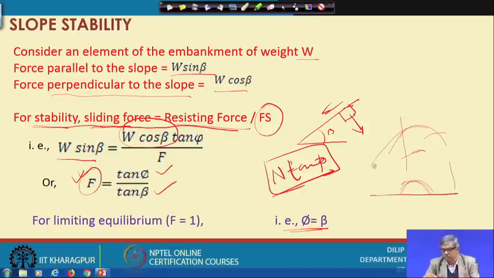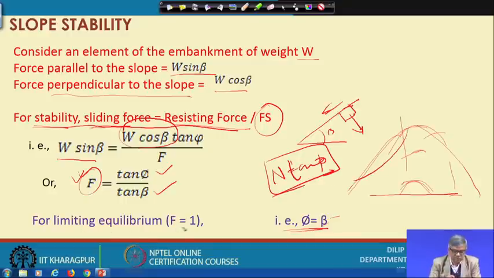This dump will have a slope, the natural slope, where beta will be equal to phi. So if I put a small weight here, again this will collapse, because this is a limiting condition.